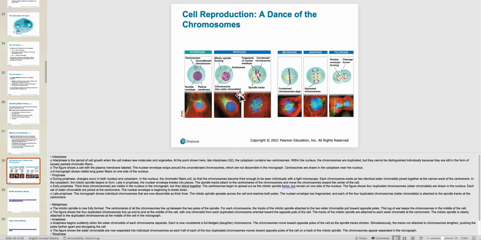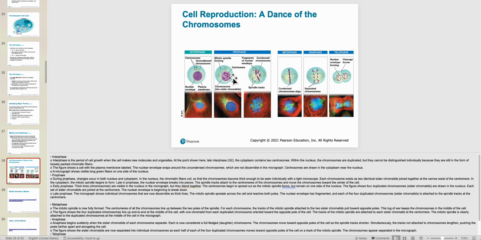And now the author calls it what? Condensed chromosomes, or true chromosomes. I have already said many times, you see chromosomes when the cell is dividing. That's during prophase, metaphase, anaphase, telophase, the actual cell division. That's why it's called chromosome.